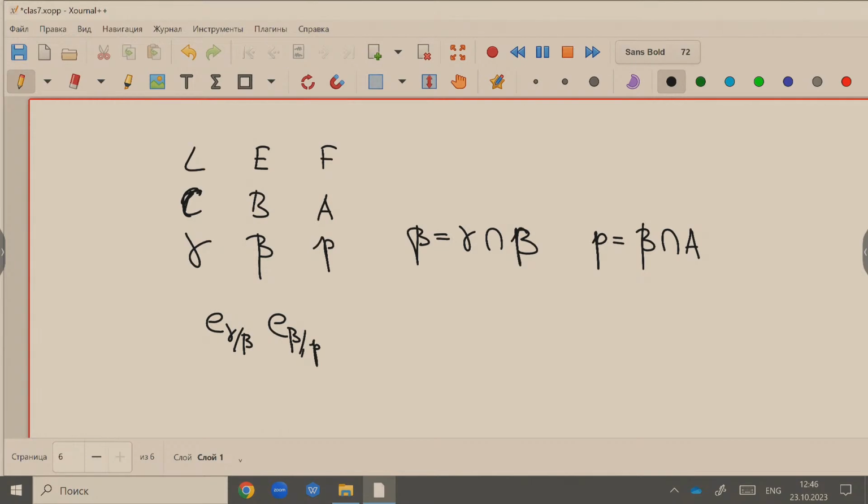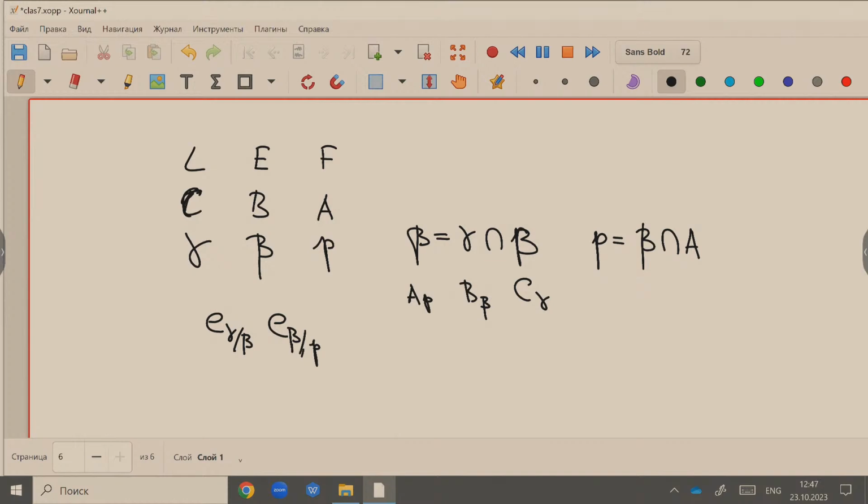Or you can start by localizing everything with respect to gamma, localizing A and B with respect to the complement of gamma. A changes to A_P, B changes to B_beta, and C changes to the corresponding localization at gamma.